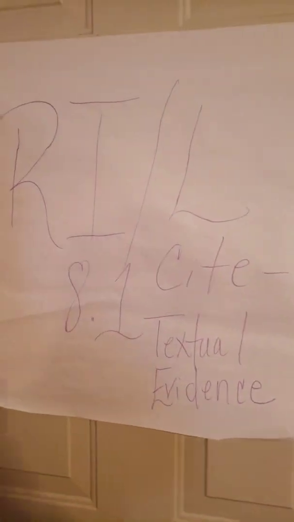On a test, it may look like, select the two best answers that support your choice A answer. And then they will have quotations around the lines for you. Okay? 8.1, cite and textual evidence.